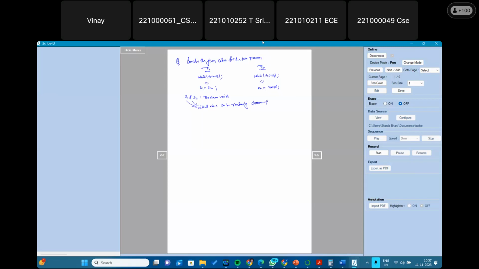Then which of the following statements describes the properties achieved?